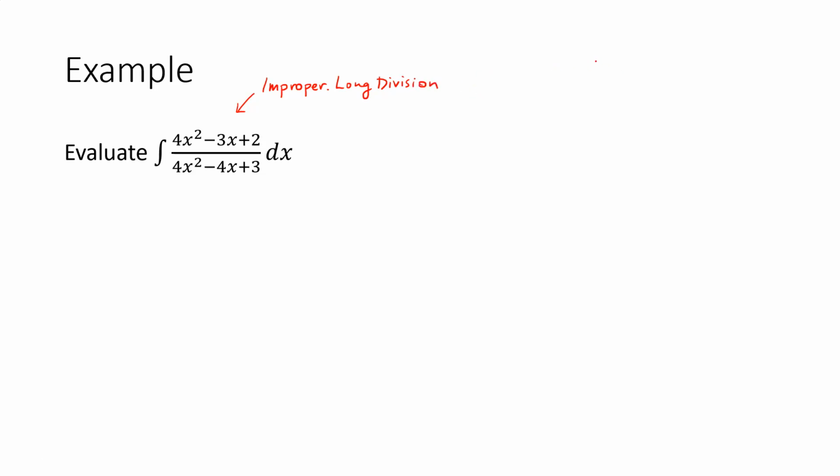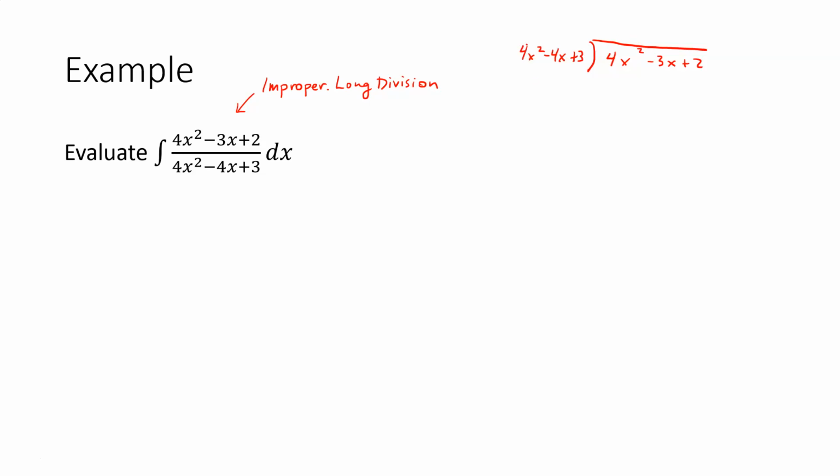So here I'm going to work it out up here in the space we have. We've got 4x squared minus 3x plus 2, divided by 4x squared minus 4x plus 3. Okay.